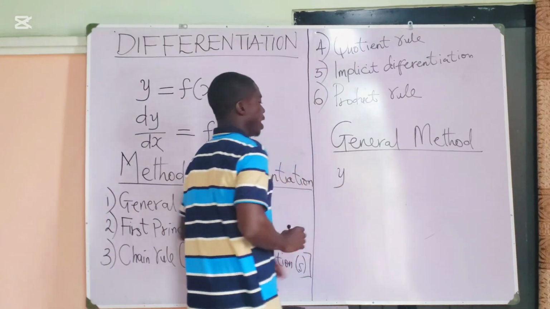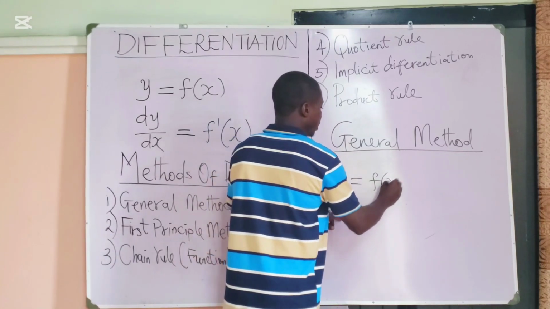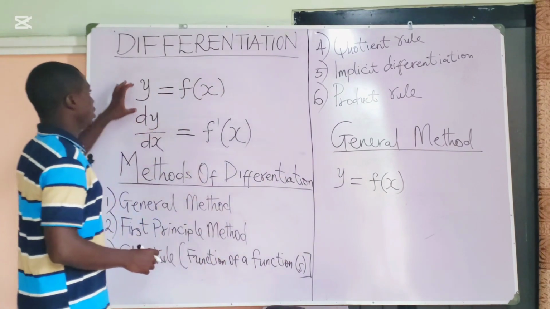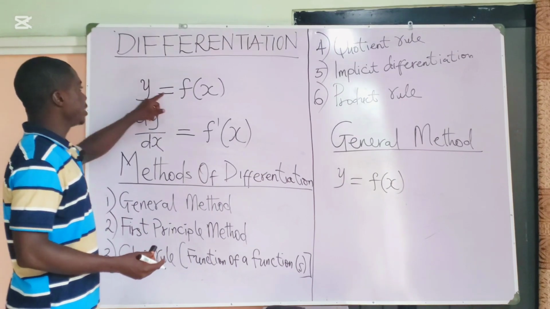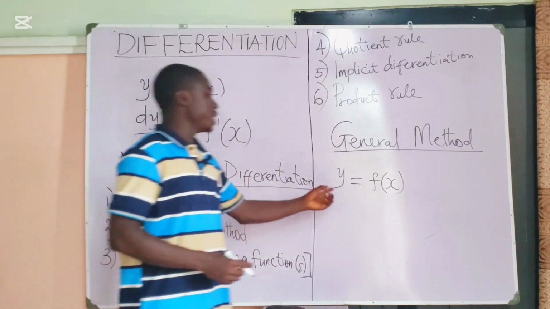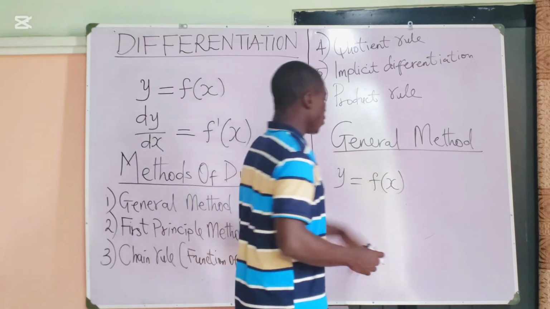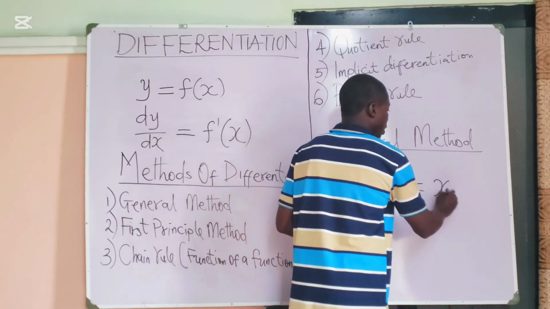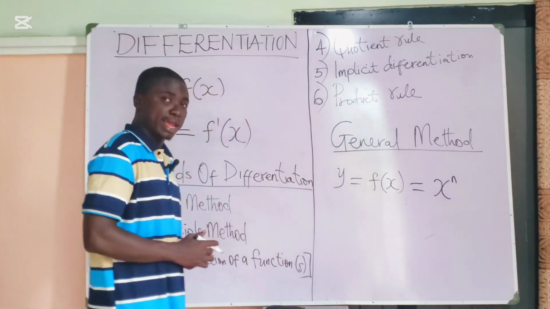Assuming y is equal to f of x. Remember, earlier on I told you that y is expressed as a function of x. And let's say f of x is also equal to x raised to power n.